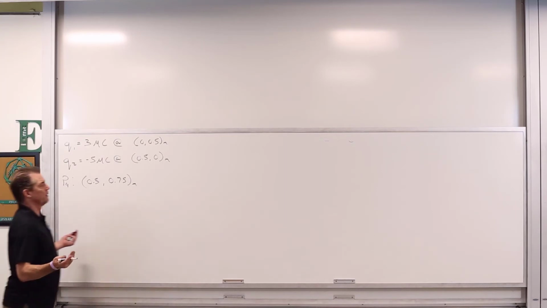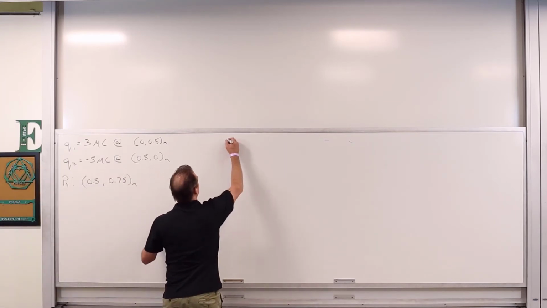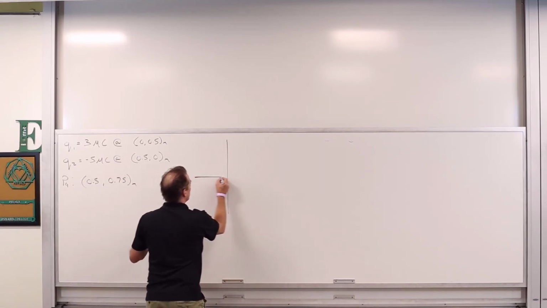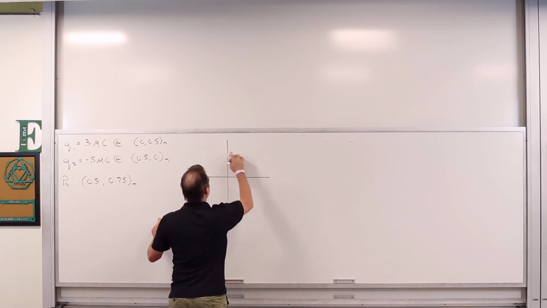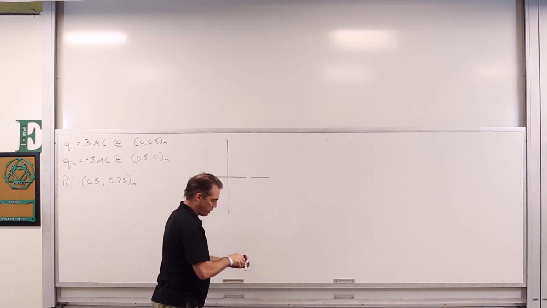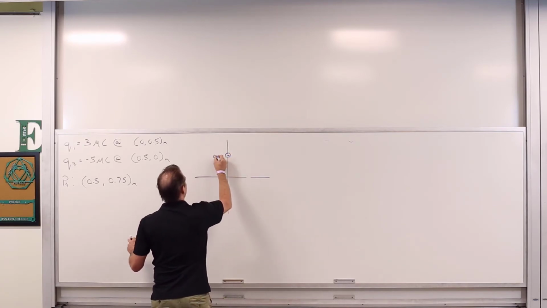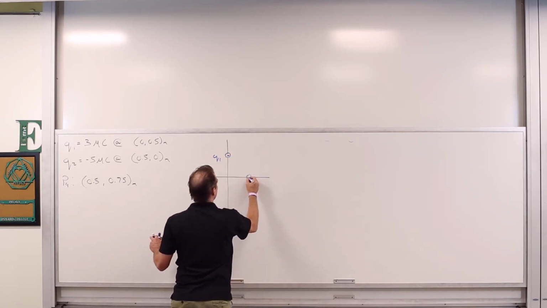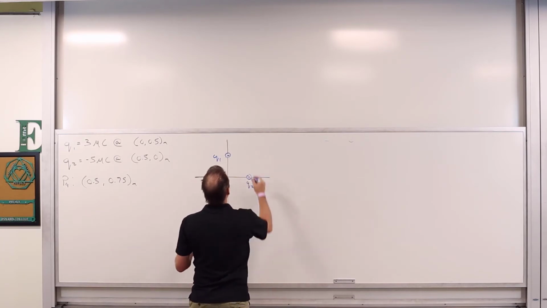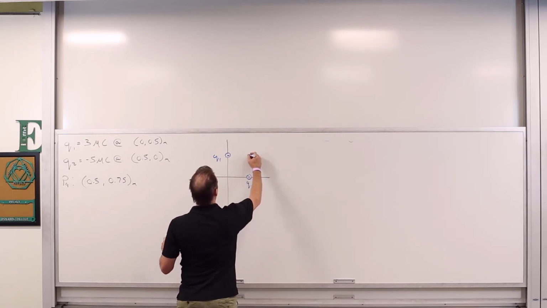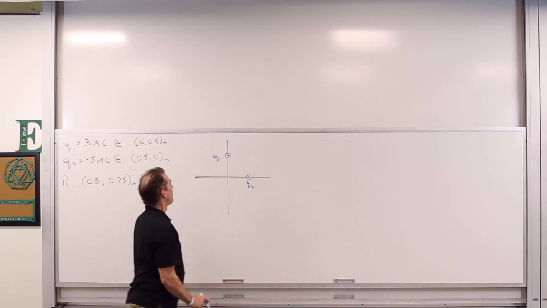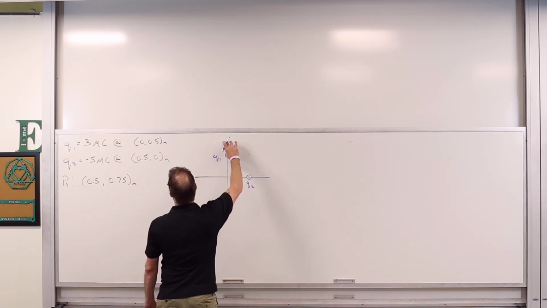All right, so let's draw this out just to have some idea of what we're dealing with here. So again, let's take there, and there should be our charges. So this is our Q1, this is our Q2, and this was our P3 right here. We want a P4 though, and P4 is just up a little bit more.